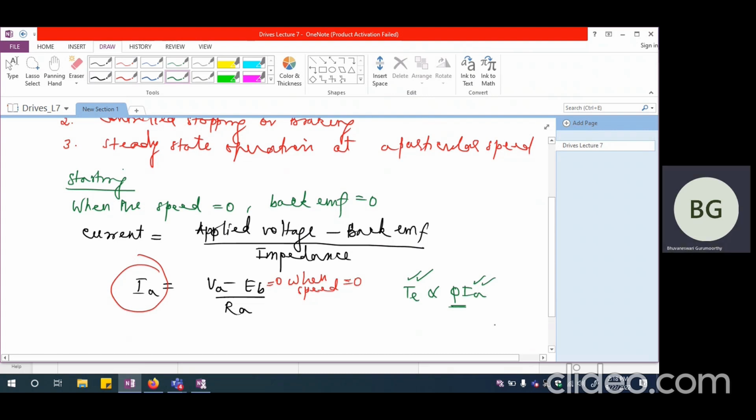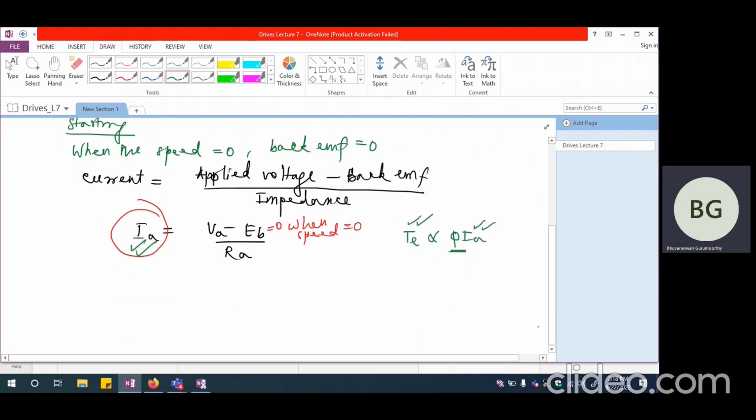So when we want the drive to accelerate really fast, that means we'll have to supply a very large value of IA. But we should ensure that the motor is able to withstand that much of current, and that the drive unit, what we have as the rectifier or chopper, is able to supply that much of current.